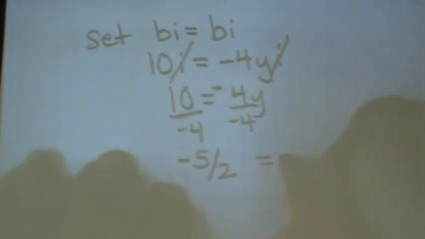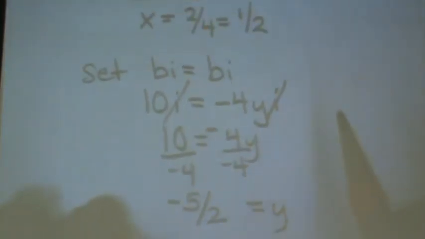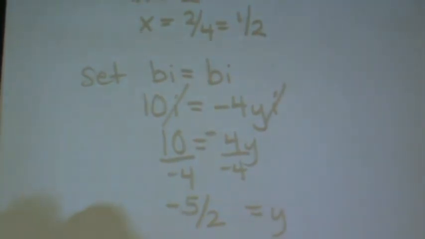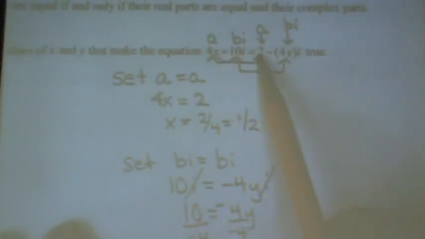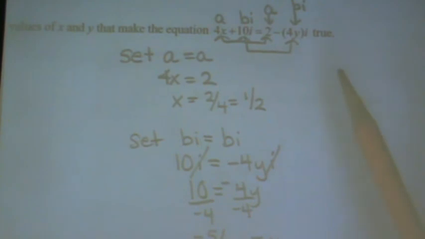Is that what you said? Yeah. So for these two complex numbers to equal each other, x has to be a half and y has to be negative 5 halves. It's easy, right? It looked harder than what it was. You set the two a values equal to each other, and you set the two bi's equal to each other, and you solve. Questions?